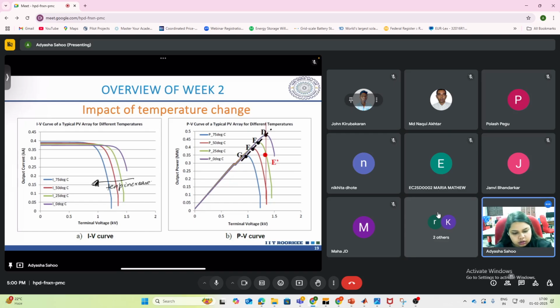Similarly, here as the temperature increases, the output power is decreased.